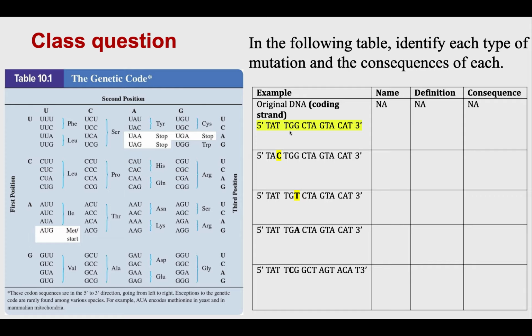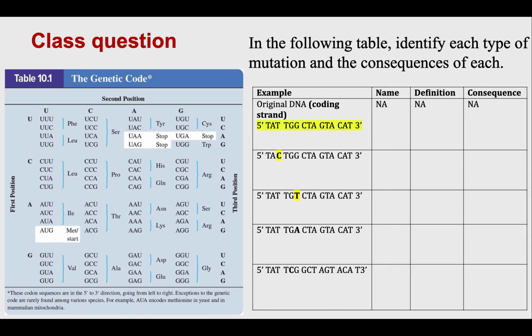All right, let's start with TGG. What amino acid would that code for? ACC. So if we look at that third column down, it becomes TGT, which would be ACA. Excuse me, the UCA.